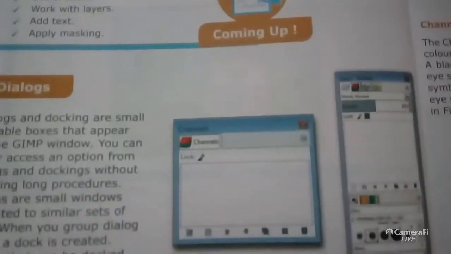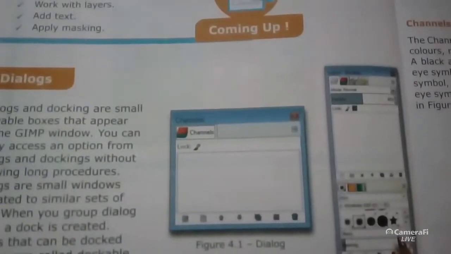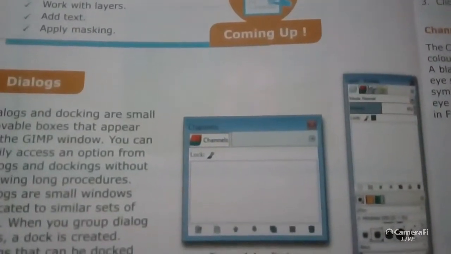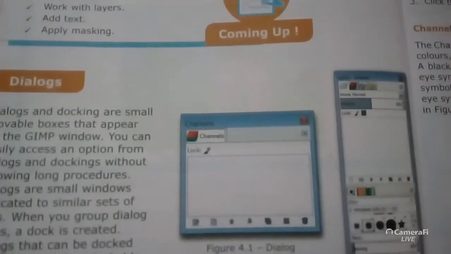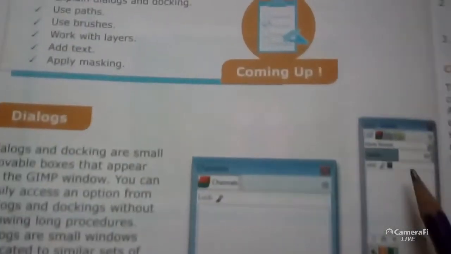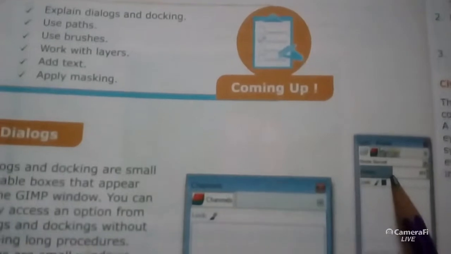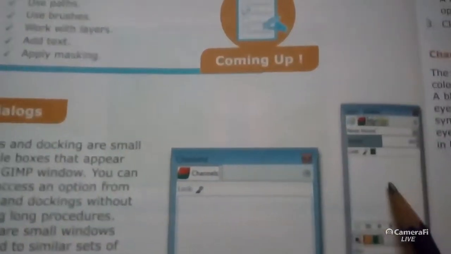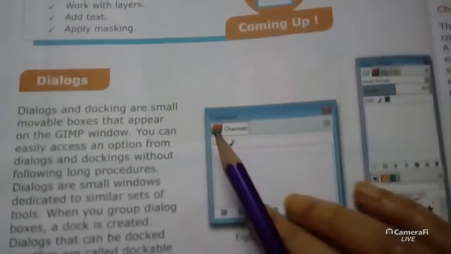See here, you can see the size of the brush. Then this is the visibility of your figure. Here also the normal slider. These are also brushes. You can see. Okay.